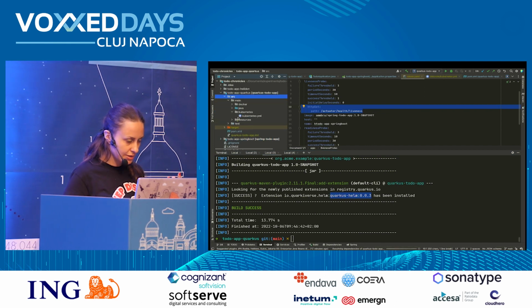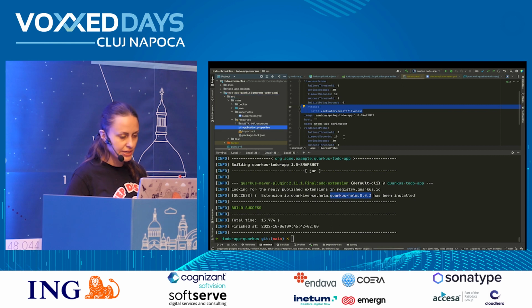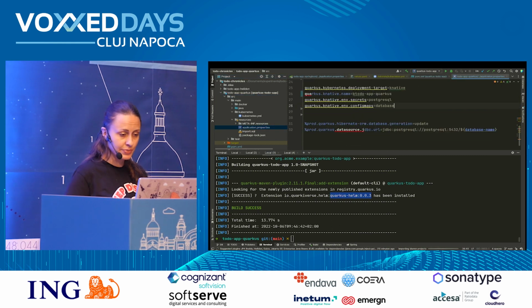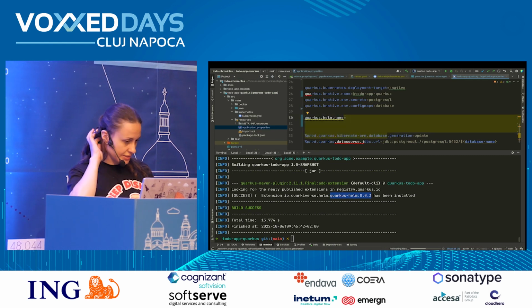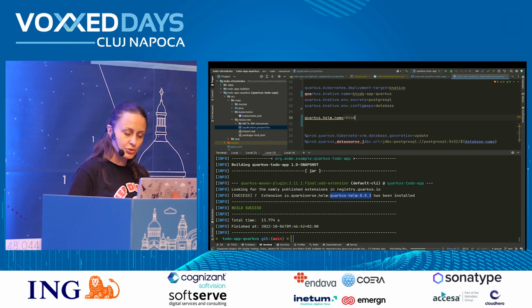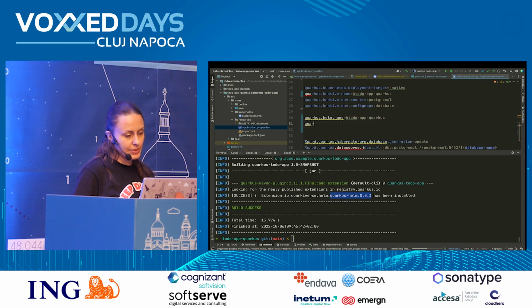Now, working with it and defining stuff is pretty much like the other one. So it's still quarkus.helm.name. And in this case, I think it's going to be h2do app Quarkus. What else?